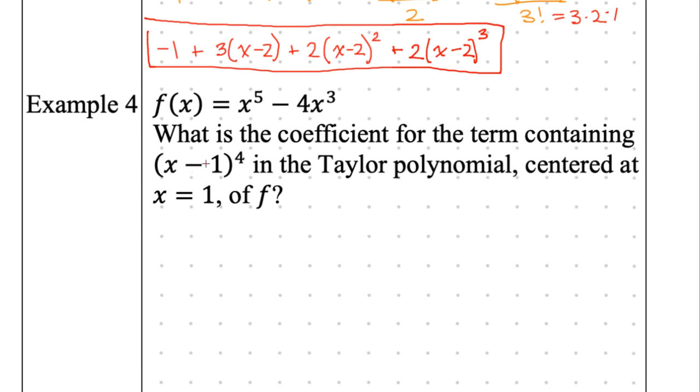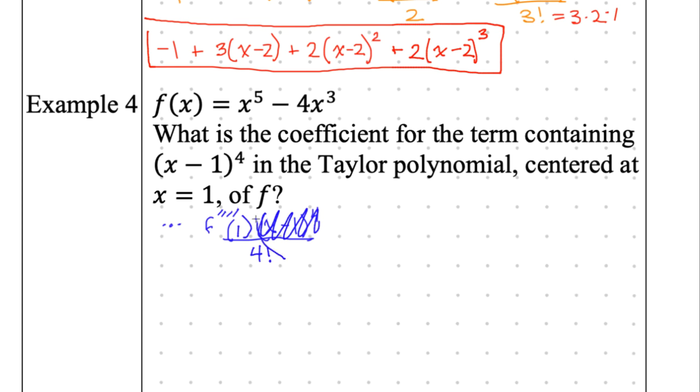But this one's pretty straightforward because essentially, if I'm looking at this, it's a power of 4, if I'm kind of skipping stuff, so it's dot, dot, dot, I really have x minus 1 to the power of 4, which means I'm going to be dividing by 4 factorial, which means I also have to do 4 derivatives. So this is going to be f to the 1, 2, 3, 4 derivatives, and I'm plugging in 1. So I don't care about this term anymore.